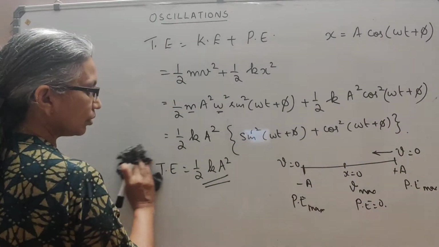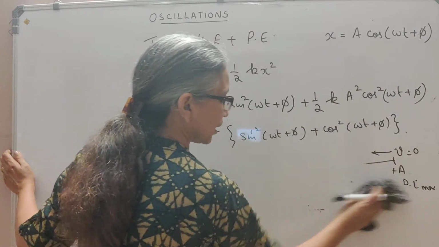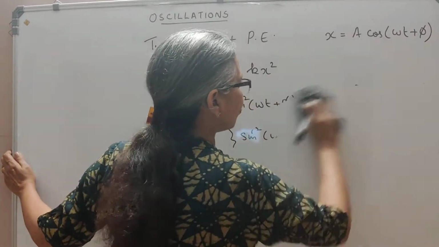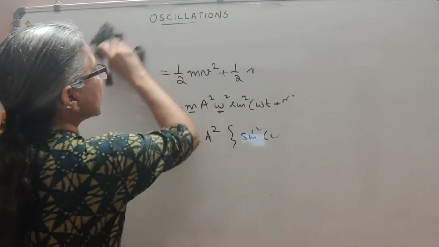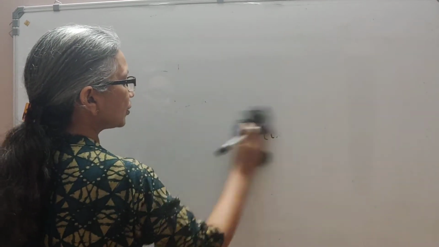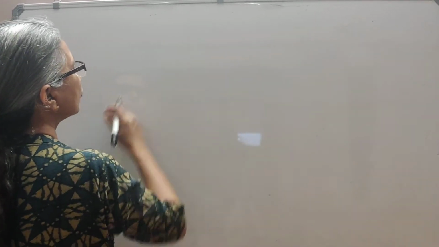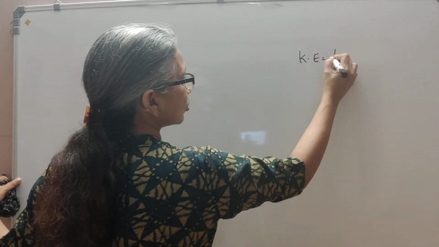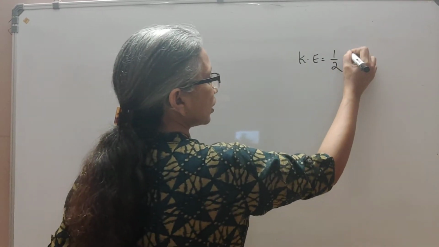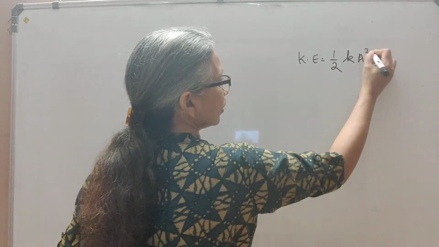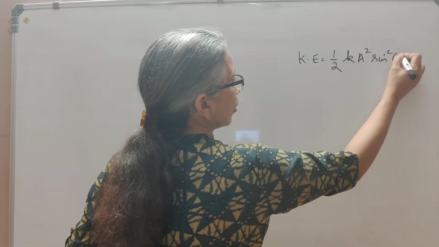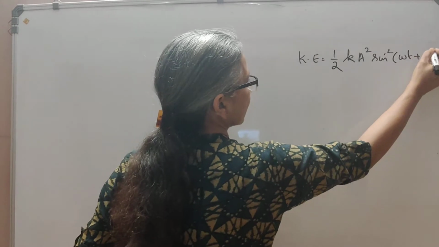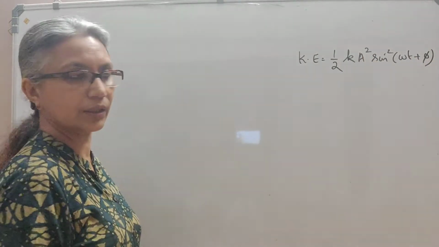We need to represent the variation of this energy with respect to time first, and then with respect to displacement. So what we're going to do is, first we're going to use the formula, the kinetic energy being equal to half k A square sine square (omega t plus phi), after substituting for v.